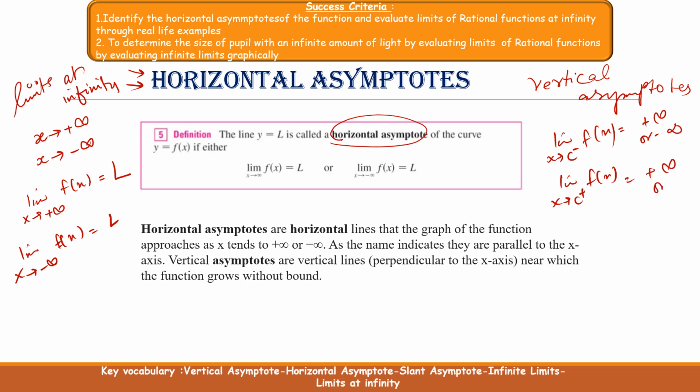If the y value is plus or minus infinity, it means we are finding the vertical asymptotes, and this means infinite limits. Now we already know there are two kinds of limits. One is the infinite limit, which shows the vertical asymptote, and the other is limits at infinity, which shows the horizontal asymptote.